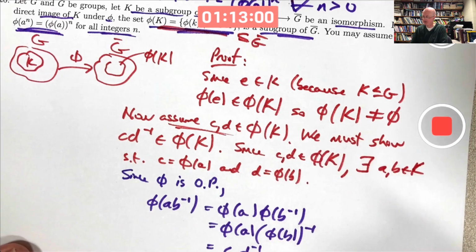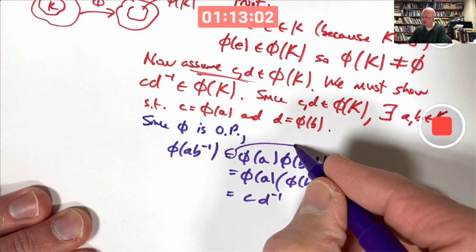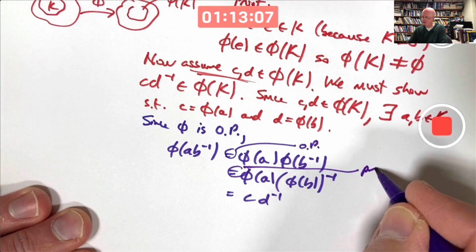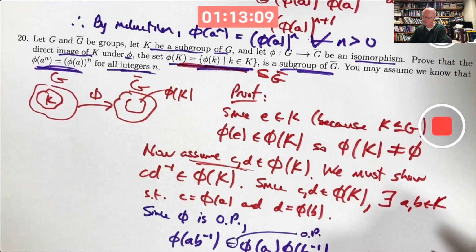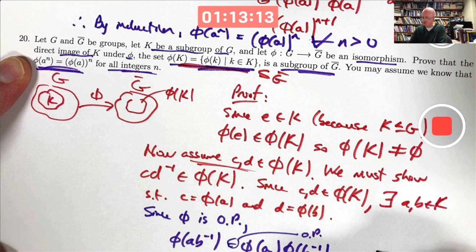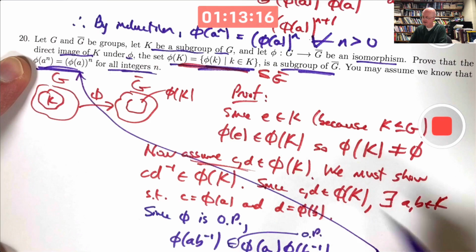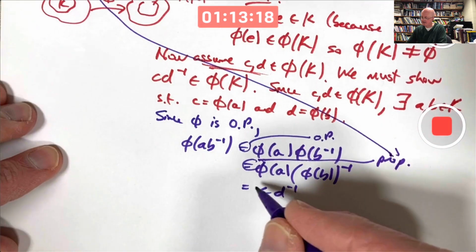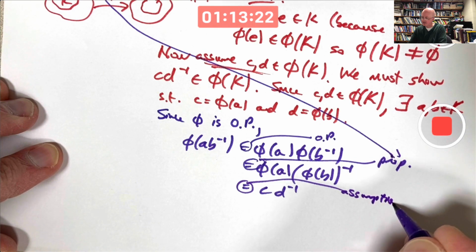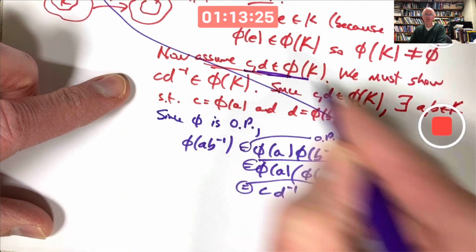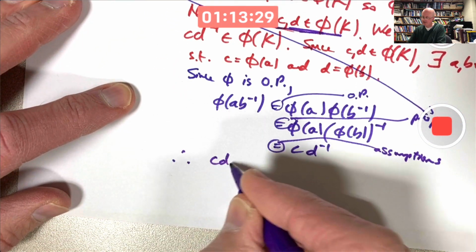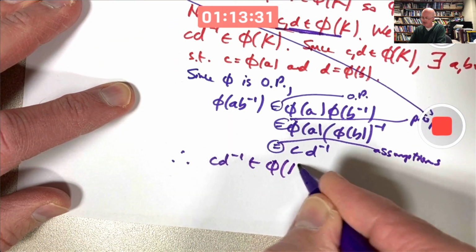It's in phi of capital K. This again is the OP part. This is the property of exponents, you might say. Well, it's this property, which you could call property of exponents, I guess, but it's not the usual kind. And this is assumptions. We were assuming C and D were in phi of K. Therefore, CD inverse is in phi of K.